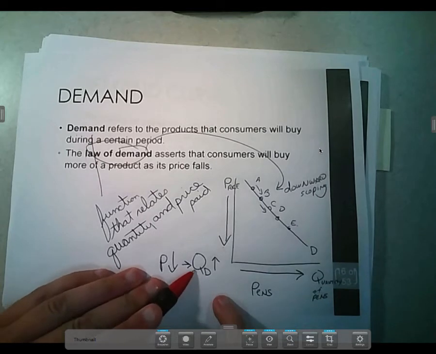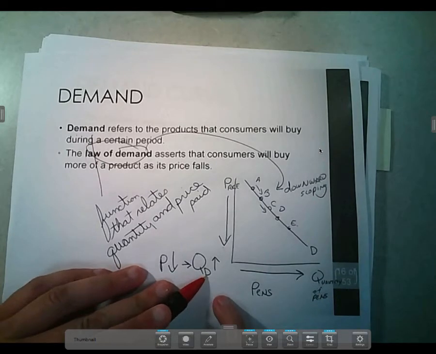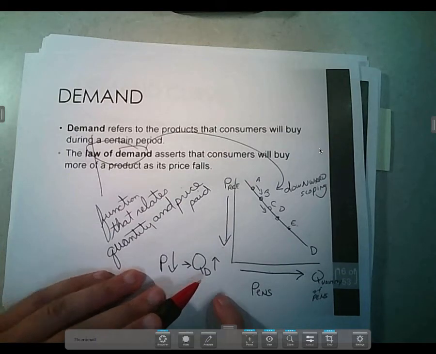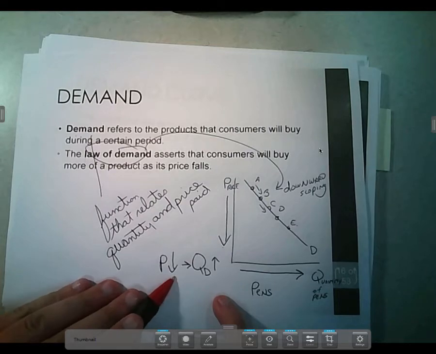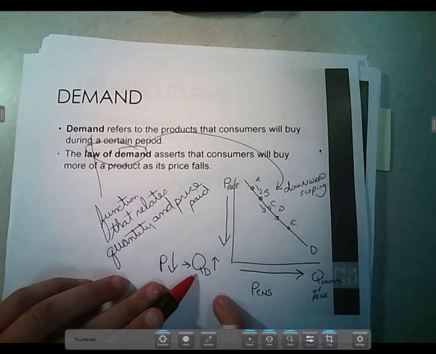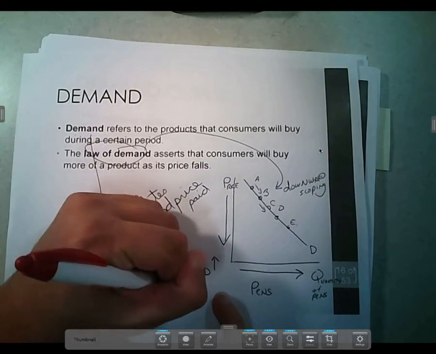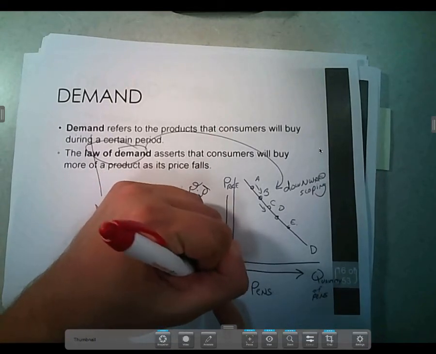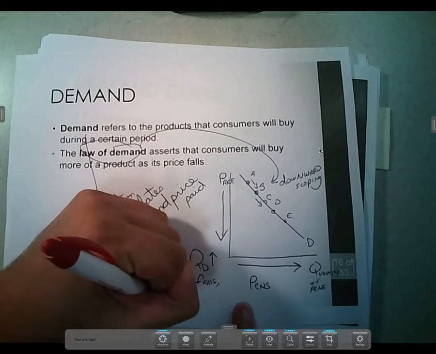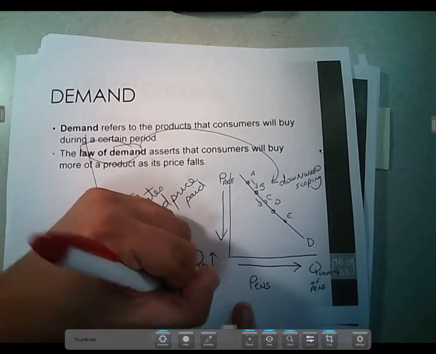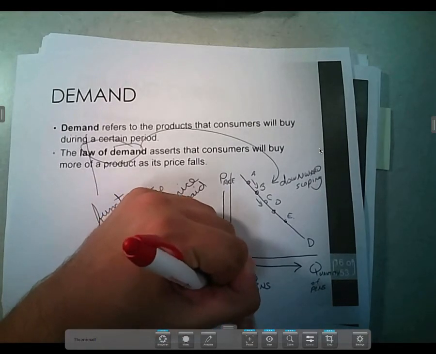Quantity demanded, Q subscript D. I'll repeat that again, and be careful about my words and listen to them very carefully: as the price falls, the quantity demanded rises.